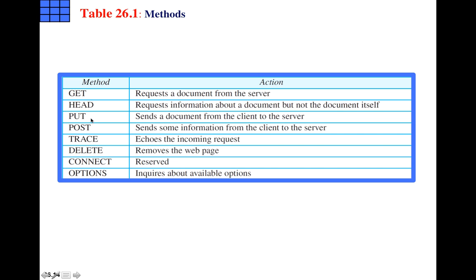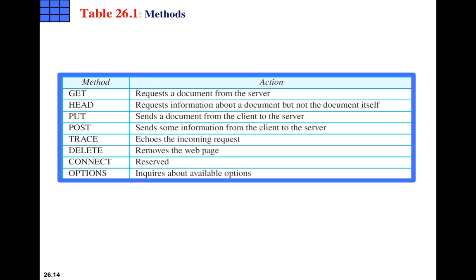And then we have PUT, where we are sending a document from the client to the server. So in this case, if we were to upload something, we would make use of PUT. And then we have POST. In POST, we are simply updating some information. We are not putting in a large amount of information, we are simply updating it.